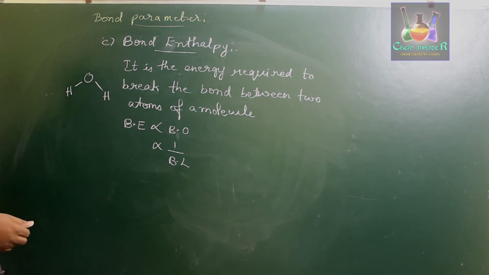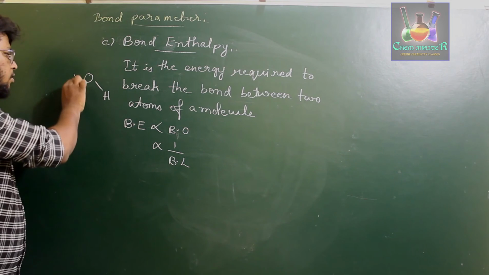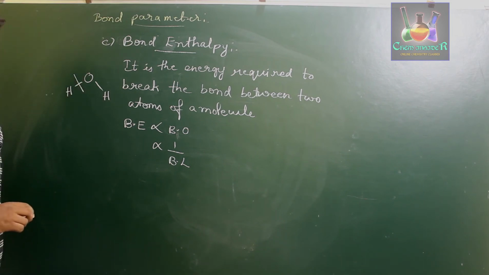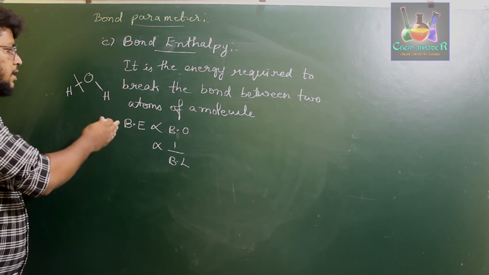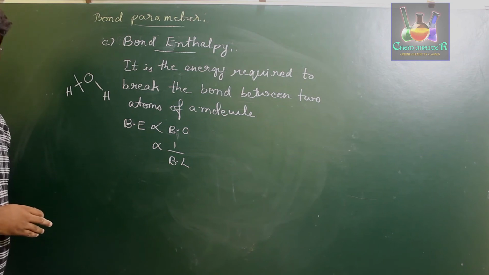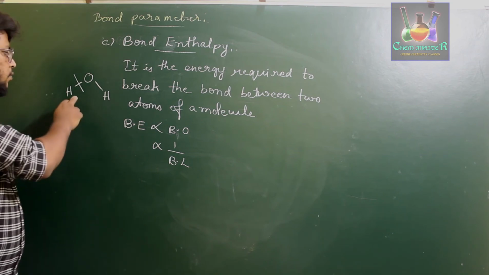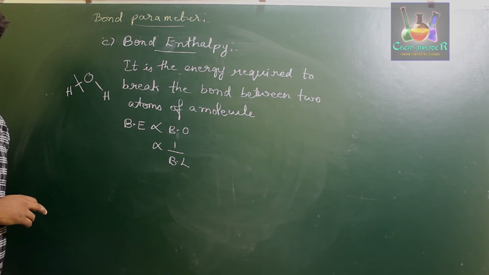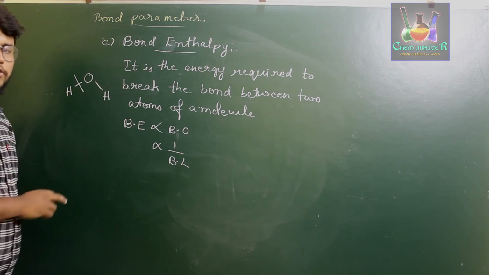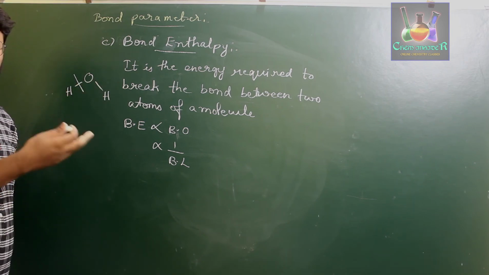That is because when you break one bond of oxygen and hydrogen in the water molecule, it destabilizes the other oxygen-hydrogen bond. The other bond will be in a different chemical environment.